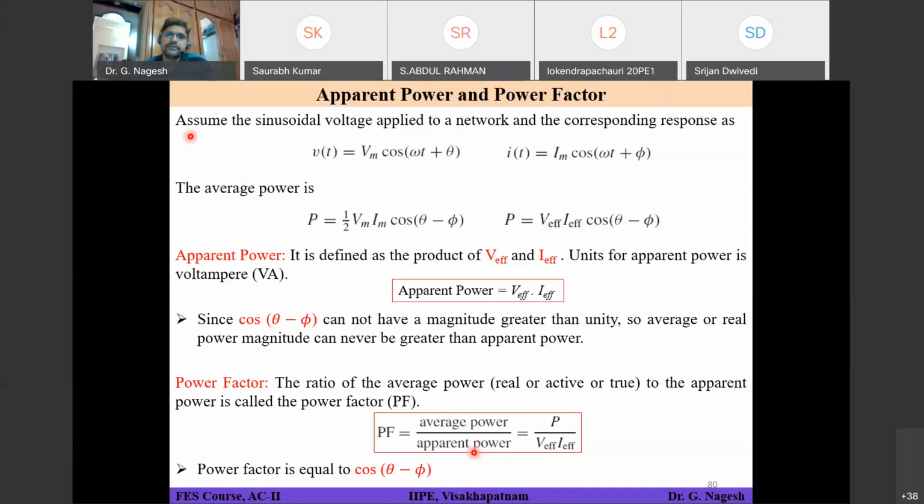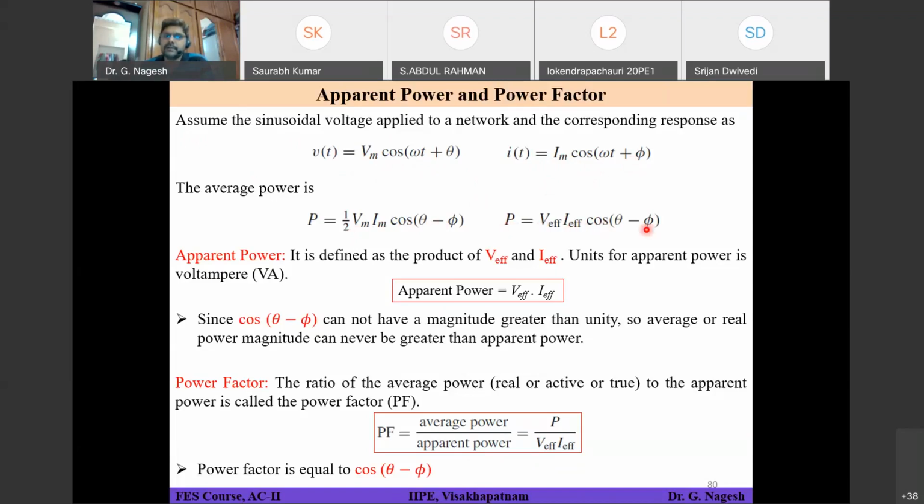If you assume the general voltage expression v of t and current expression i of t in time domain, they are given by: v of t is equal to Vm into cos of omega t plus theta and i of t is equal to Im into cos of omega t plus phi. The average power expressions are Vm Im by 2 into cos of theta minus phi, or V effective into I effective into cos of theta minus phi.